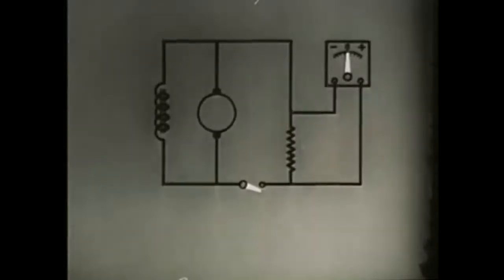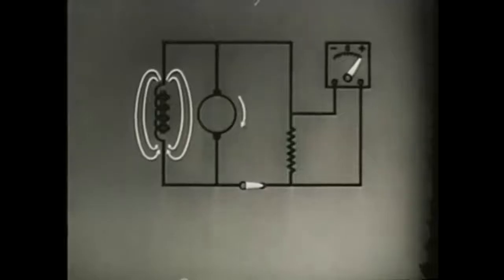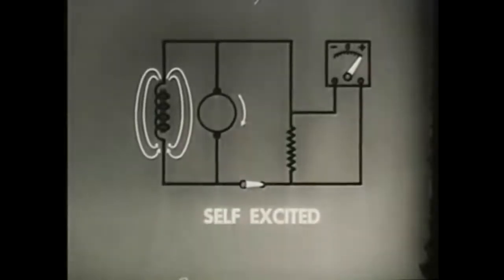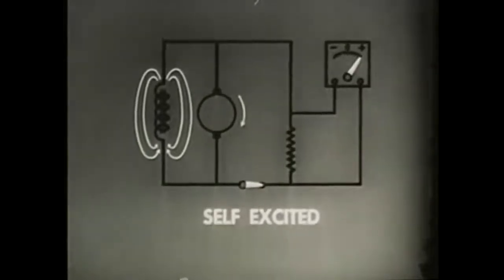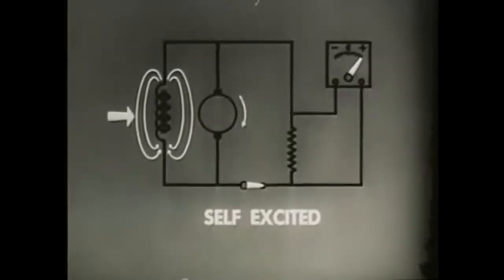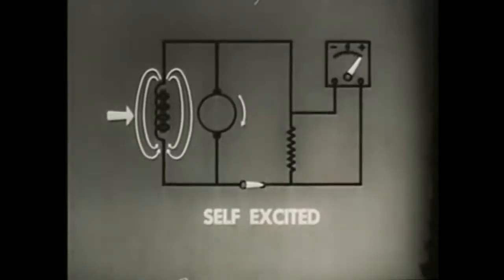A small part of the generator's own output can also do the exciting. In that case, it will be a self-excited generator. Self-excited generators must be initially magnetized. The residual magnetism in the core of a field winding provides enough magnetism to begin generator action.